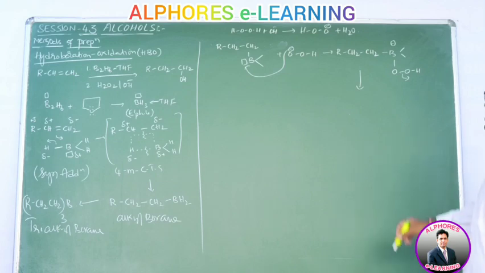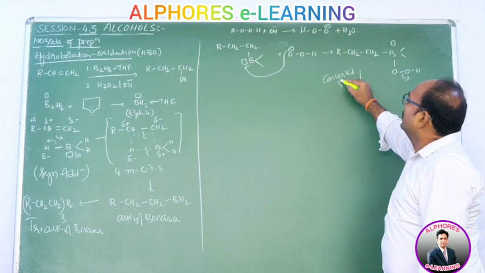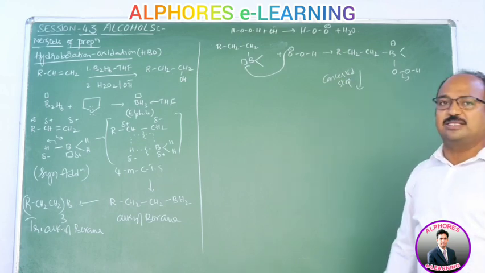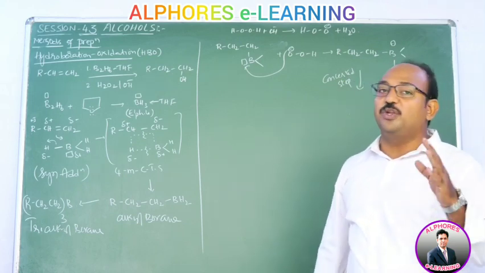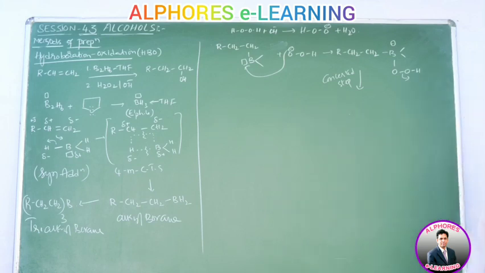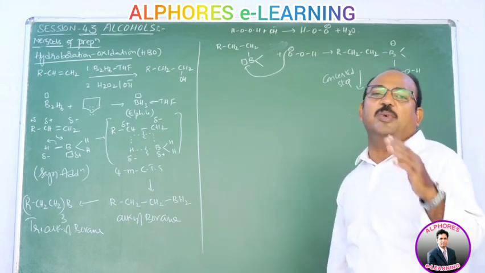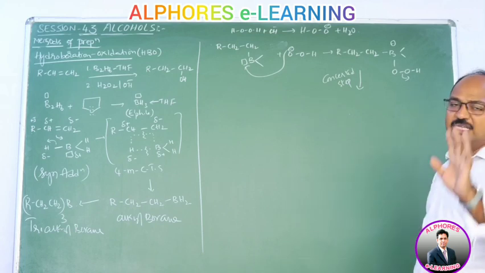That's why this step is a concerted step. Regarding concerted mechanisms, we already learned that E2 elimination and SN2 are concerted mechanisms. Concerted means all bond breaking and making takes place simultaneously, in a single step.